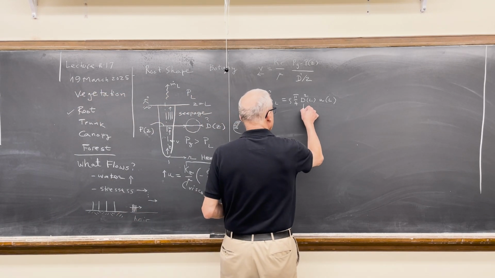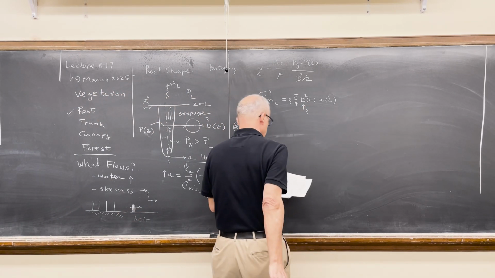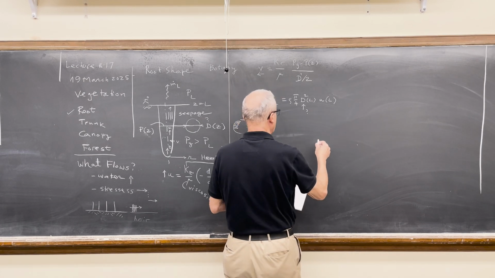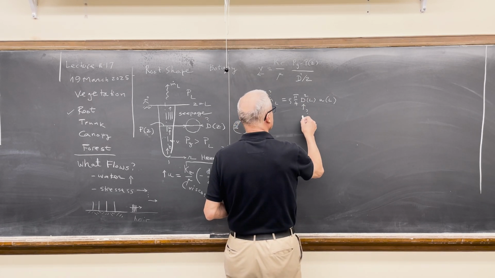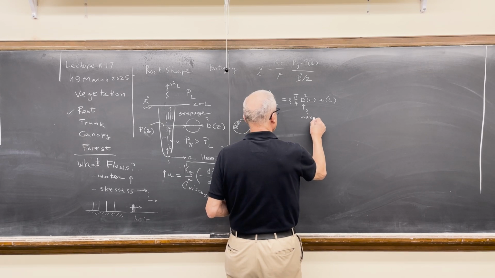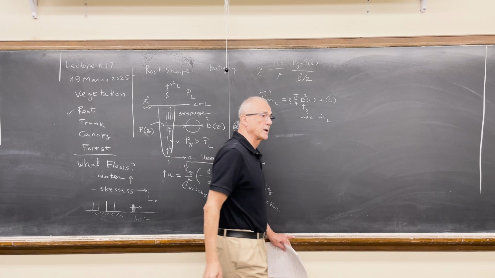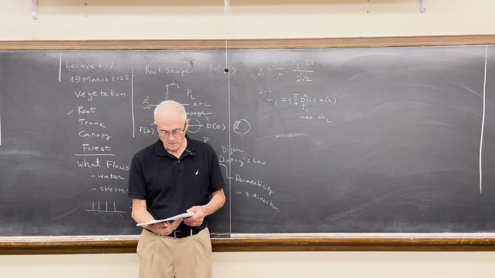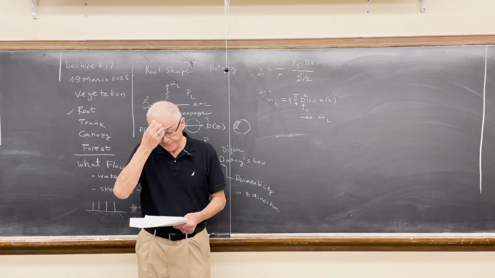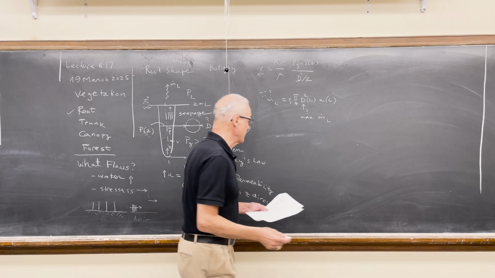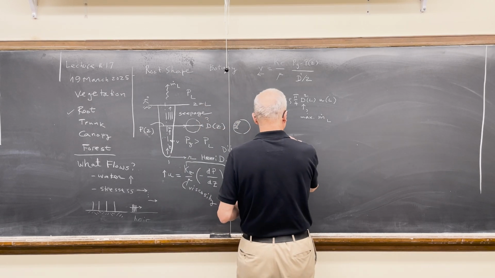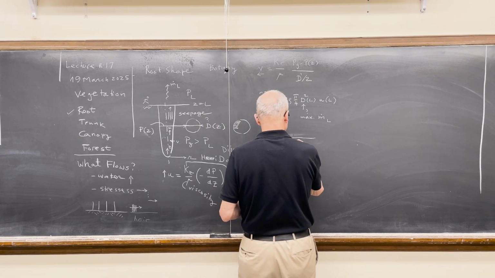So that unknown function will be figured out after maximizing the production of water through the root. The analysis goes in a few steps this way.